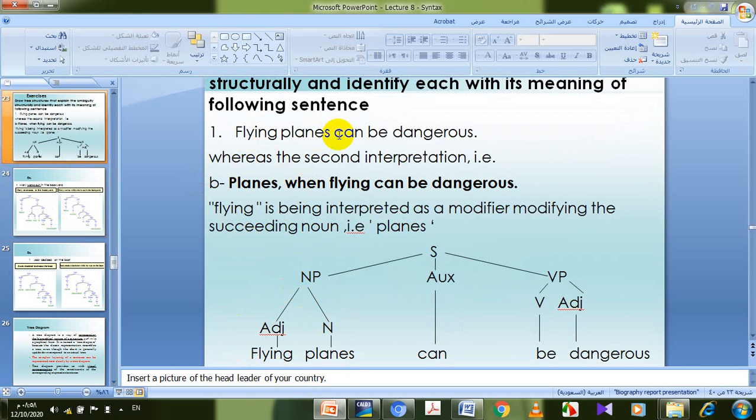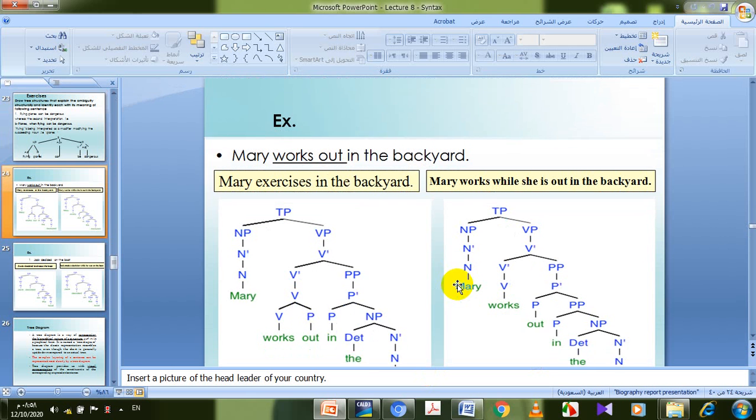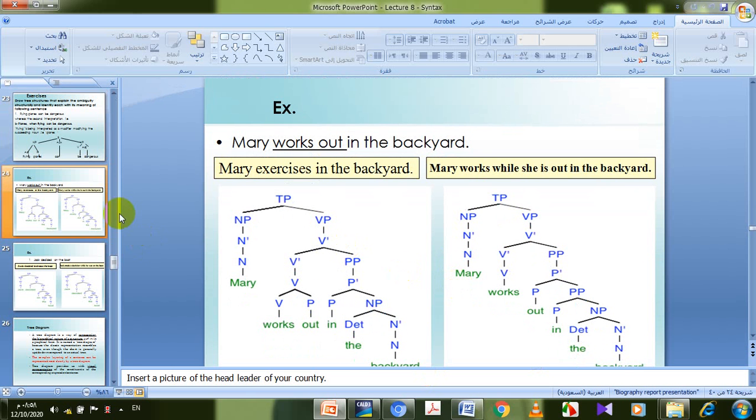The rest of the sentence is the verb phrase, and the auxiliary is alone here: can. Be dangerous is the verb phrase, which is divided into verb and adjective: be and dangerous. So the interpretation is different.